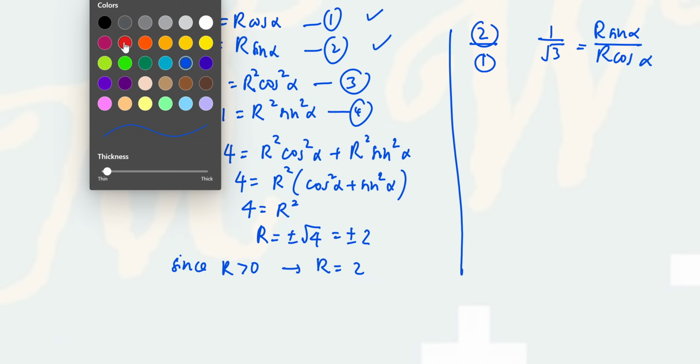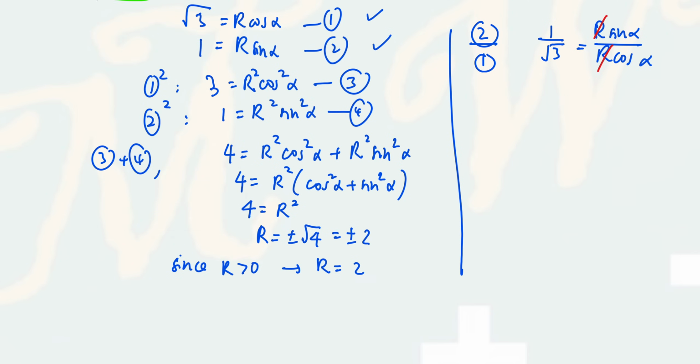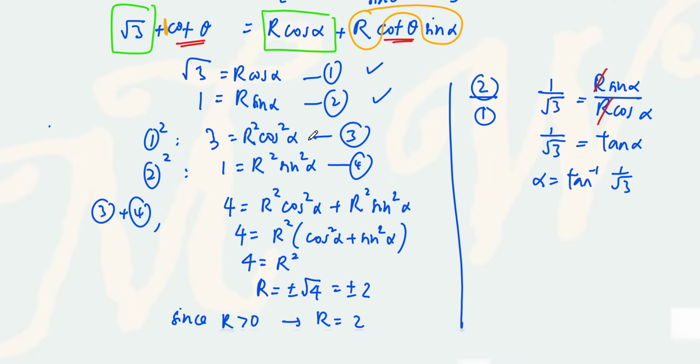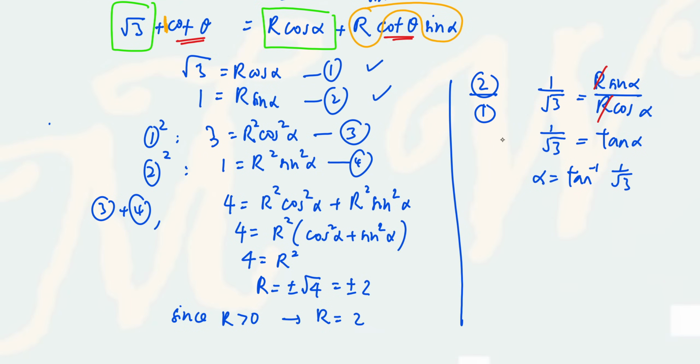So the r will be cancelled off. And then the sine alpha over cos alpha is basically tangent alpha. Then now your alpha is arctangent 1 over square root 3. Let's check the question here first. Your alpha is in radians, right? So now change the mode of calculator into radians, and then your alpha is going to be pi over 6.